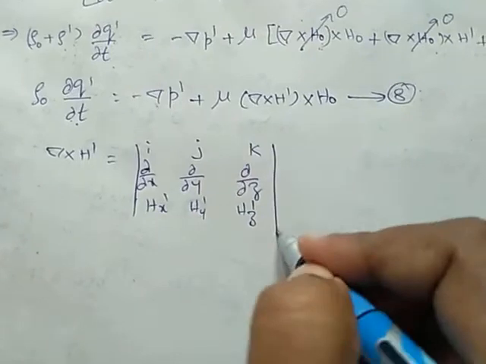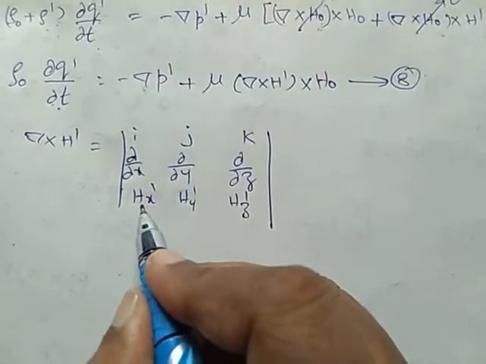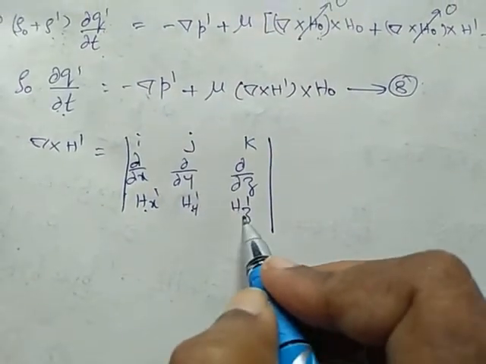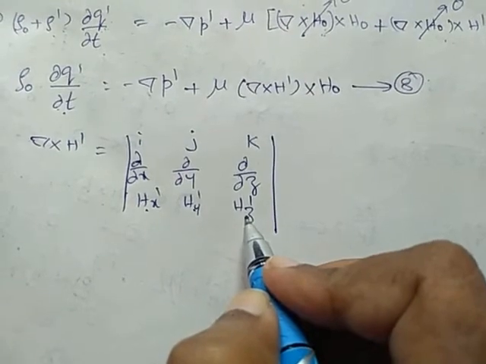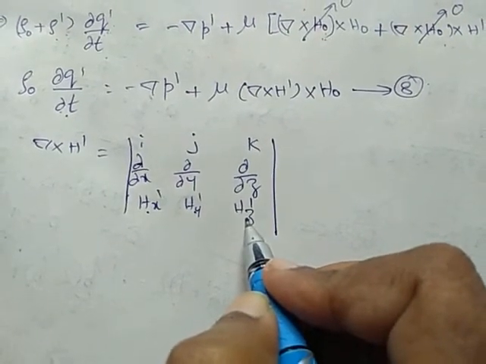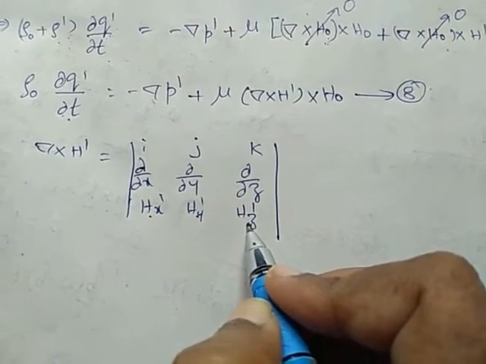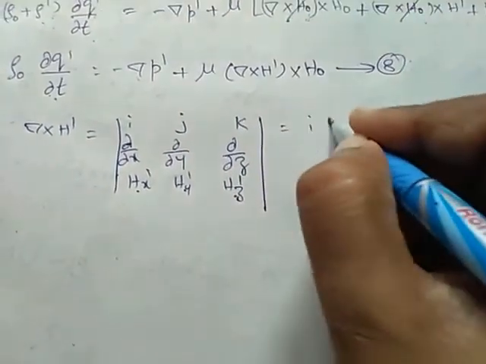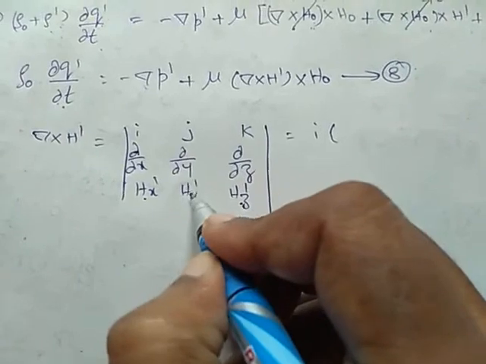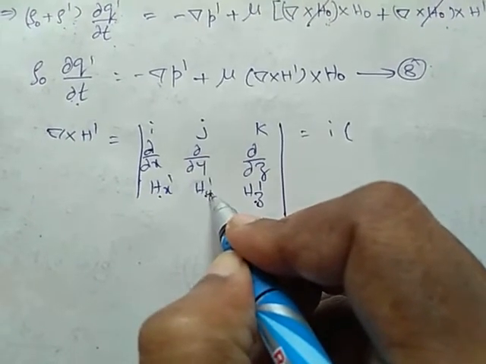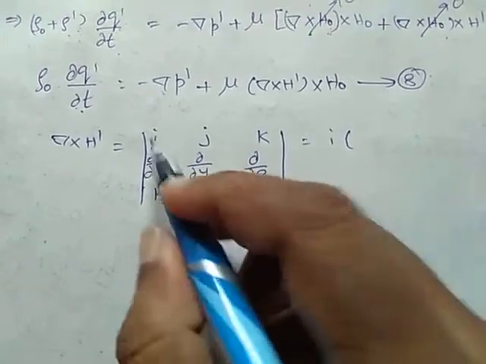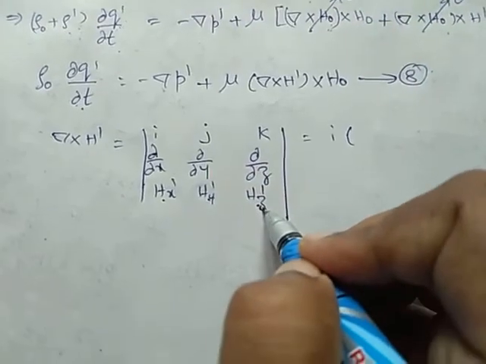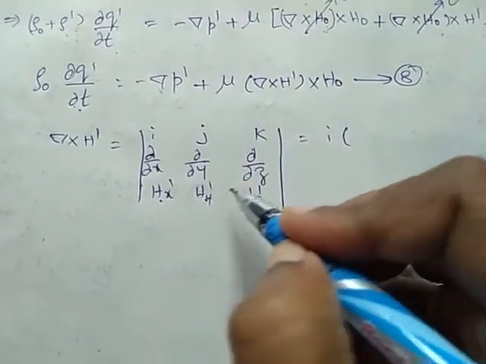So we are going to expand it. Remember hx, hy, hz dash are functions of x and t, not functions of y or z. So when we expand the i term, differentiation of hz with respect to y is 0.